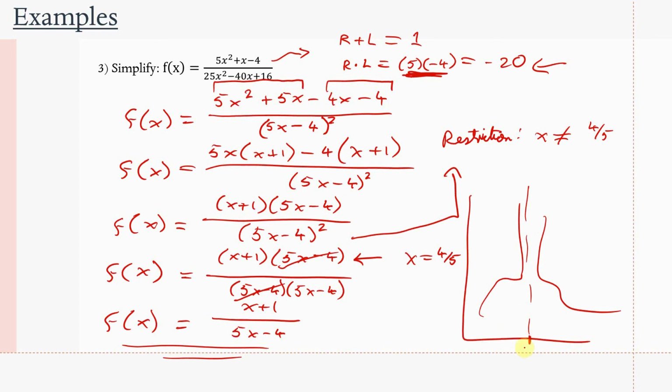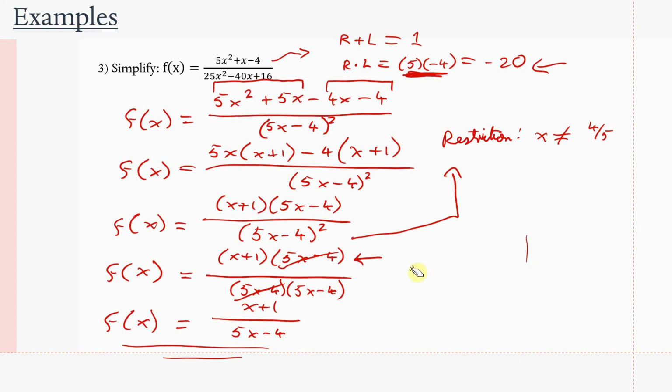It's already a vertical asymptote, so the graph will never pass by it, so we really don't need a hole somewhere here. We really don't know where it is because the graph never really passes this line. So we can just say that we have a vertical asymptote at x equals 4 over 5, so x cannot equal 4 over 5 as a restriction.